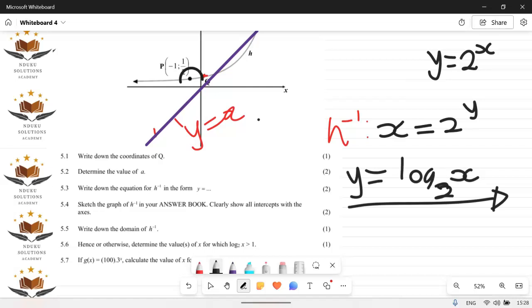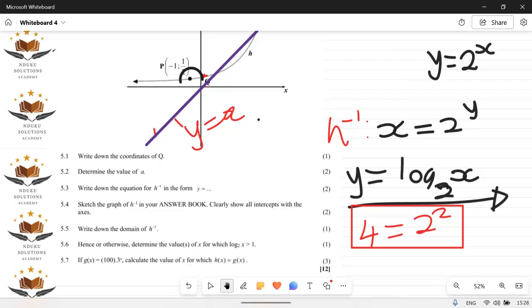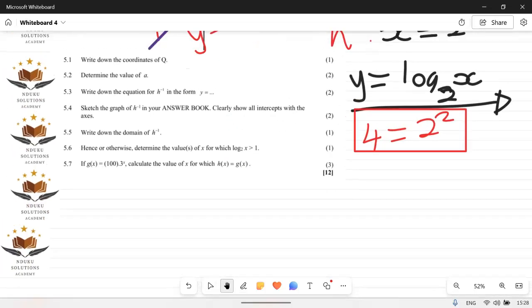So even if we can have an example to say we have 4 equals 2 to the power of 2, this has been placed in an exponential format. We can actually write it in a logarithm format.